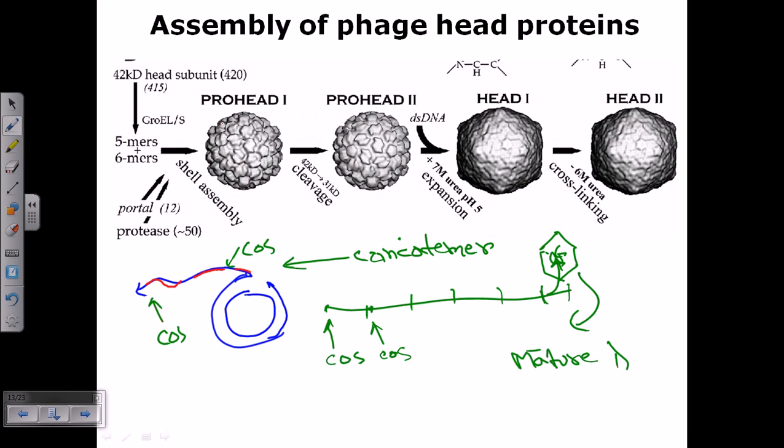Okay, and during this packaging, which is very important, it first requires assembling this head particle, right? And we know there are protein regions present to produce these head particles in the lambda genome.